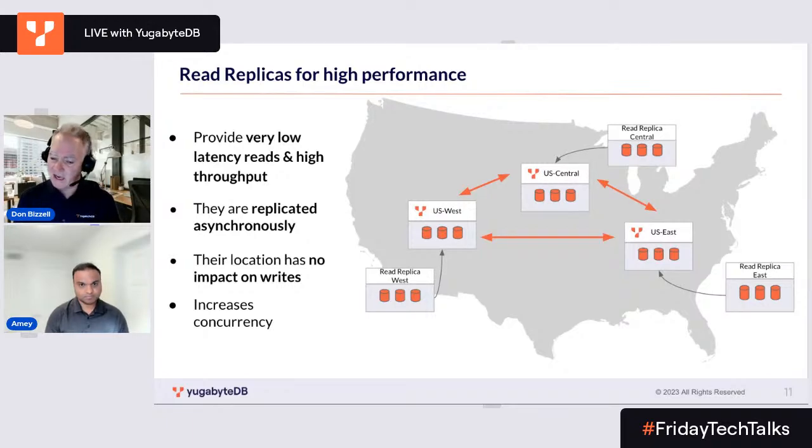So one of the ways to handle that is by adding read replicas to each region. Now each region has a read-only version of all of the data that stays up to date, so that you get very low latency responses to read requests. And this is a 98% read system, so that makes very good sense.